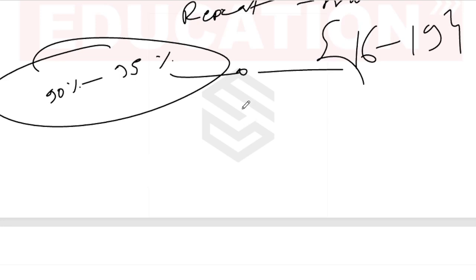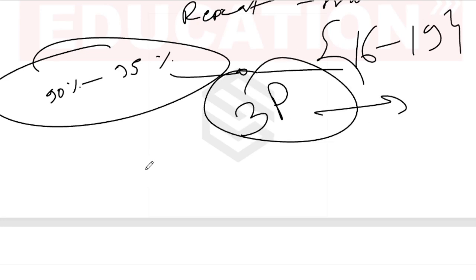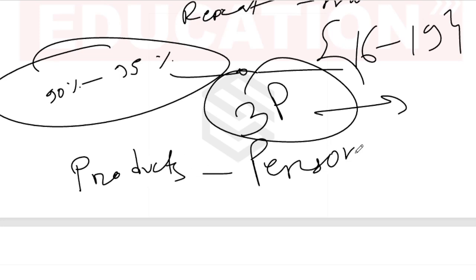They generally follow 3P. What is 3P? The first P is products, then person, and place. These are the 3 things they will always ask you.